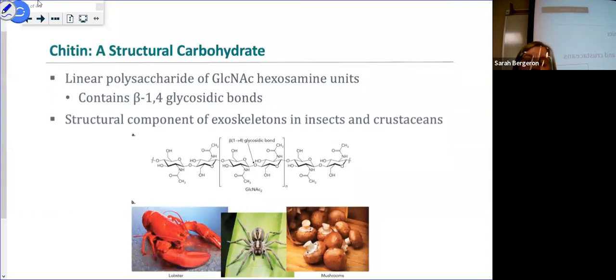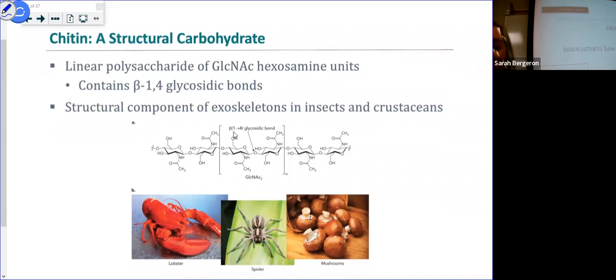Okay, chitin is another structural carbohydrate. So in this one, in addition to having our glycosidic bond here, we have an additional chain coming off. So what is GLC-NAC? What is that abbreviation? N-acetyl, you just start in the middle, N-acetyl glucosamine.